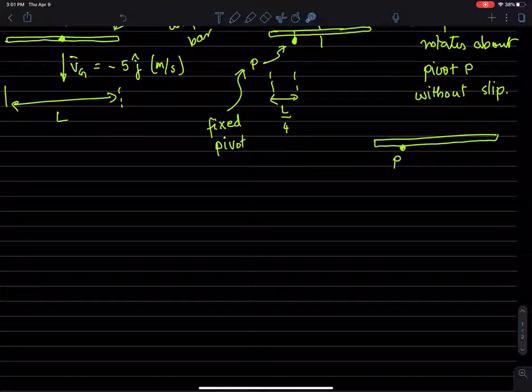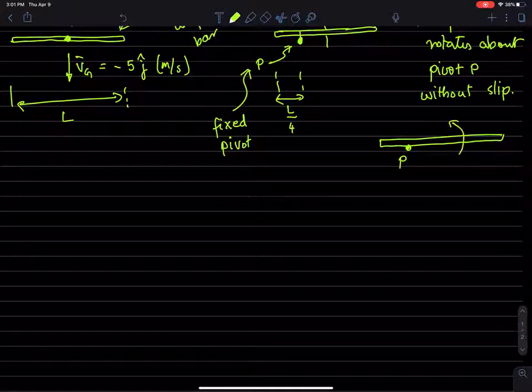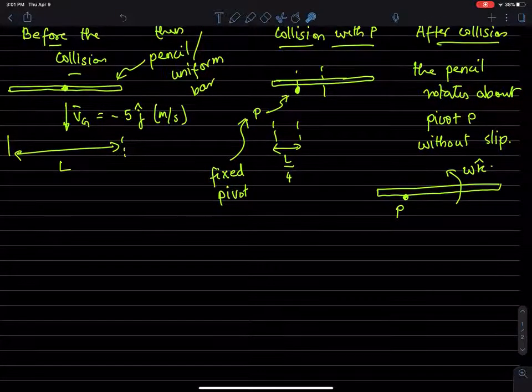There is no width here, even though I've drawn it like that. Maybe it's better to put P right in the middle. In any case, imagine now that it has some angular velocity omega k. I've drawn it omega k with this sign convention, the anti-clockwise sign convention, which is the standard thing that we use in this course.